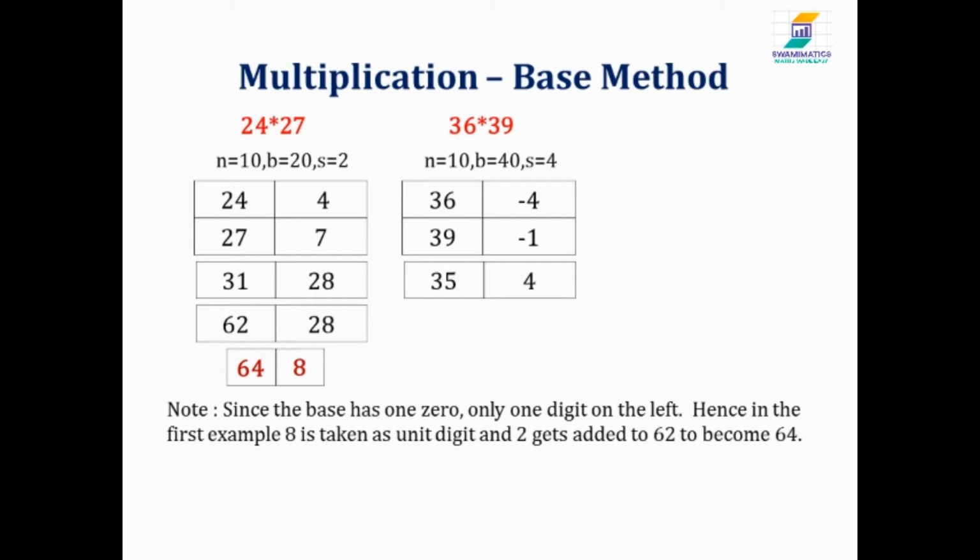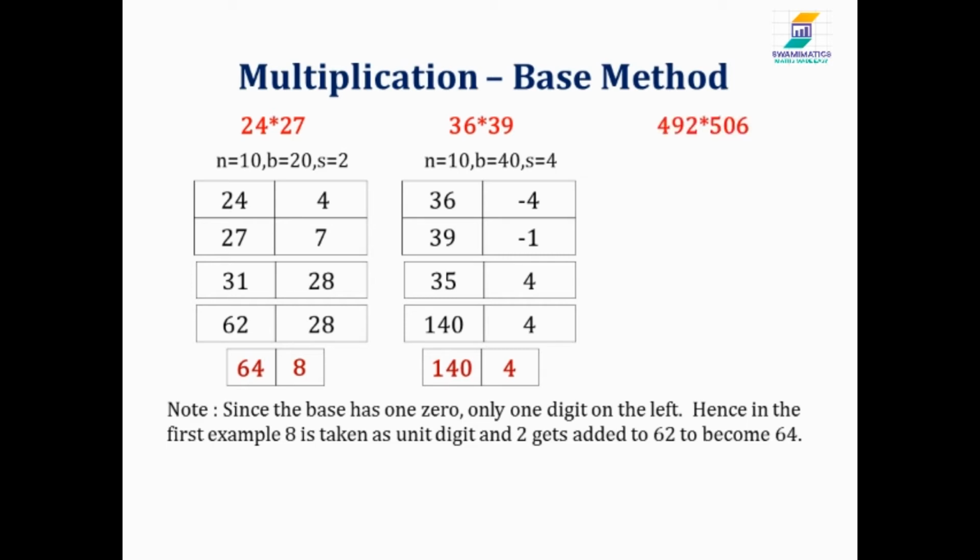Now, since the sub base is 4, 35 needs to be multiplied by 4. So it becomes 140 and 4. Now, when you look at the number on the right side of 140, it is just a single digit. That means straight away it gives us the answer 1404. See how easy it is to multiply numbers like this.